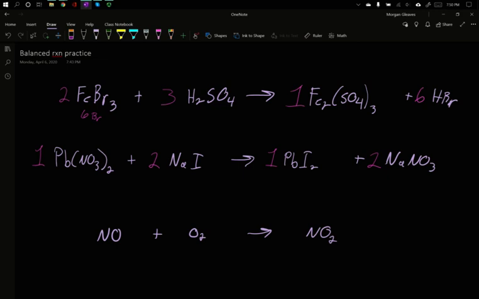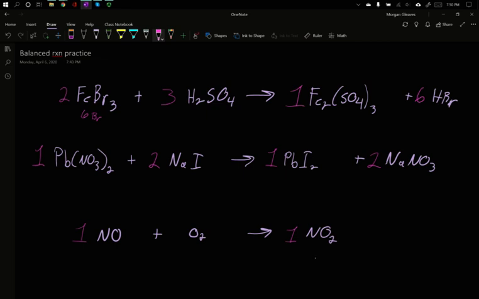Our final molecule is deceptively simpler. I have NO plus O2 makes NO2. At first, I would look and say, well, 1 and 1. That's great. My nitrogens are 1 on each side.